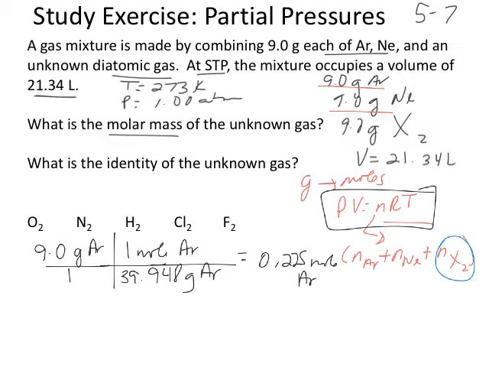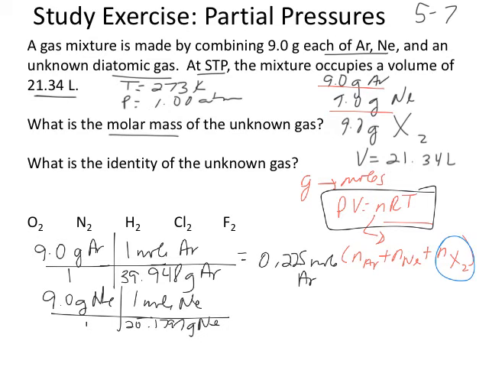We do the same thing with neon, 9.0 gram of neon over 1. Then we look at the periodic table for the molar mass of neon, and we see 20.1797 grams of neon in 1 mole of neon. We put that in our calculator, and we get 0.45 mole of neon.